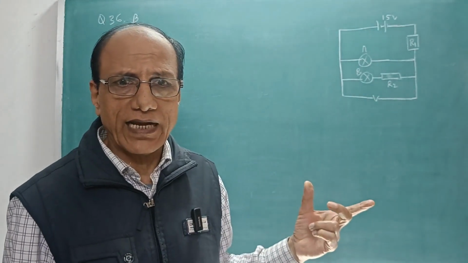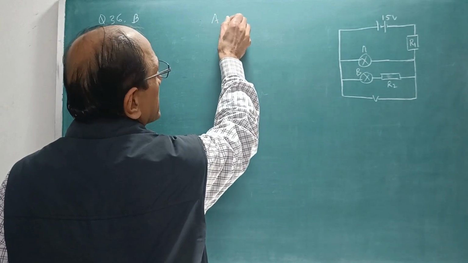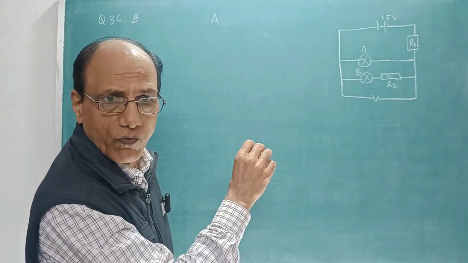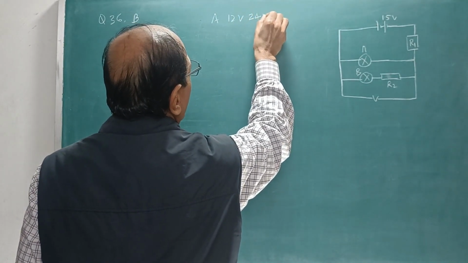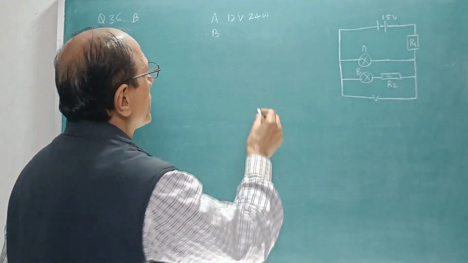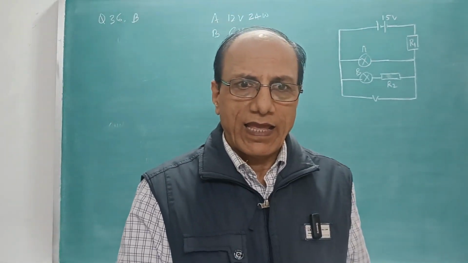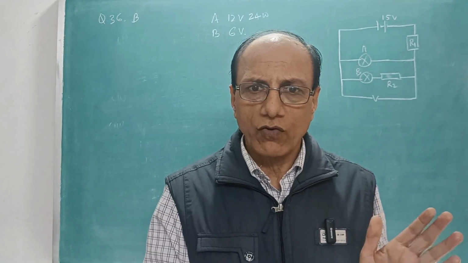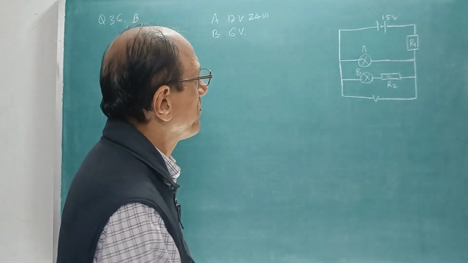So he says that lamp A is rated at 12 volt 24 watt, and B is rated at 6 volt. When lamp B operates at its rated voltage, the current in it is 3 ampere.